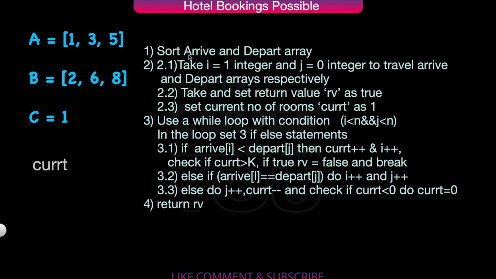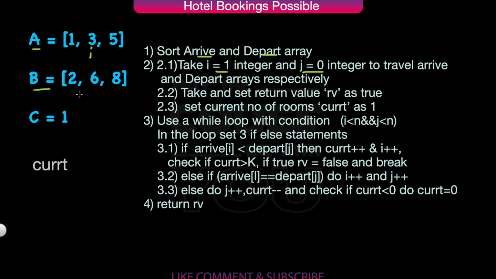These are the steps. First we will sort the arrive and depart arrays. In this example it is already sorted. Then we'll take i equal to 1 and j equal to 0 as integers to traverse the arrive and depart arrays respectively. Then we set the return value rv as true.